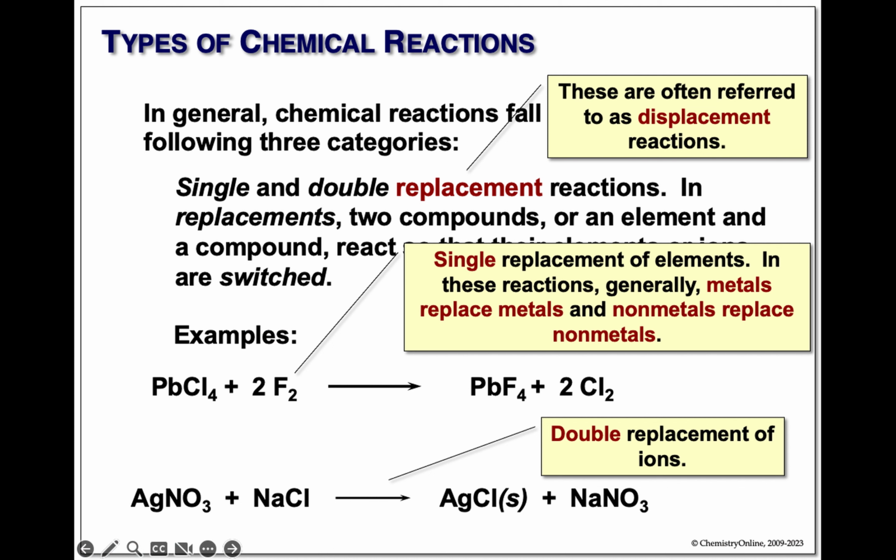So this happens in solution. And what simply happens is you will swap ions between your reactants. So the silver pairs with the chlorine, the sodium pairs with the nitrate. This reaction only happens if you have something formed that's insoluble, solid silver chloride, or if you have a gas form. We'll talk about this in a bit.